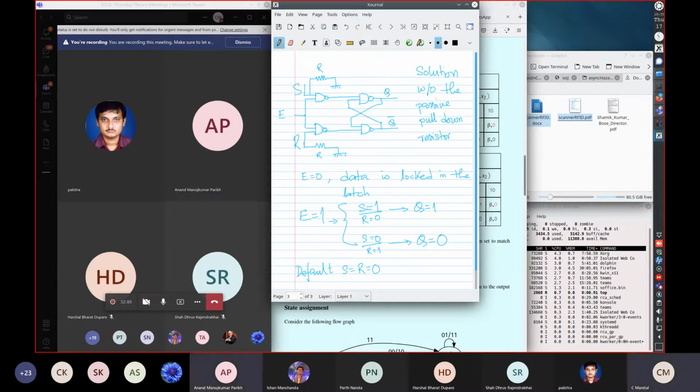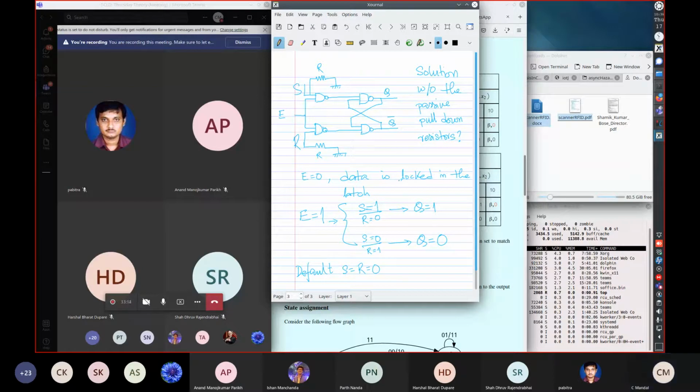We can connect a NOT gate between inputs S and R. Then it will be a D latch. Yes, you can do that. Another option is to use a latch with NOR gates instead of NAND gates.